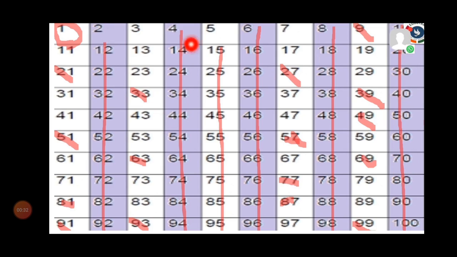Then 2, 3, 5, 7, which we did not cancel, are all prime numbers. And 11, 13, 17, 19 are the numbers having only 2 factors, 1 and the number itself.